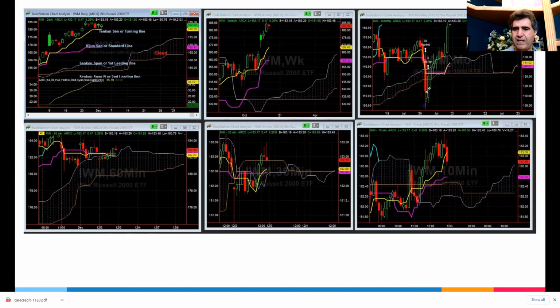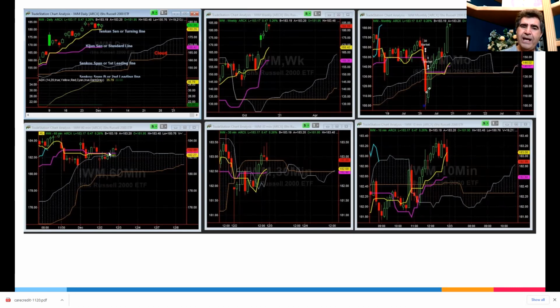So basically I want to see, overall, what is the trend? How is the cloud looking as far as the momentum and trend? And basically I also want to make sure: are we in a bullish trend? Are we above the cloud?